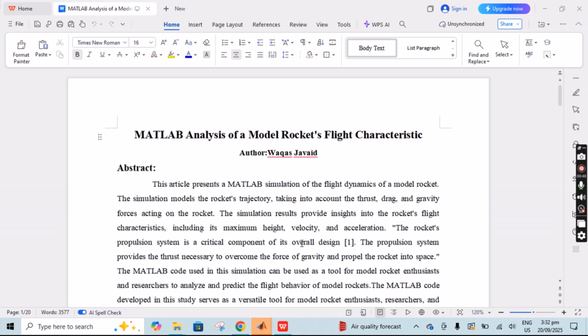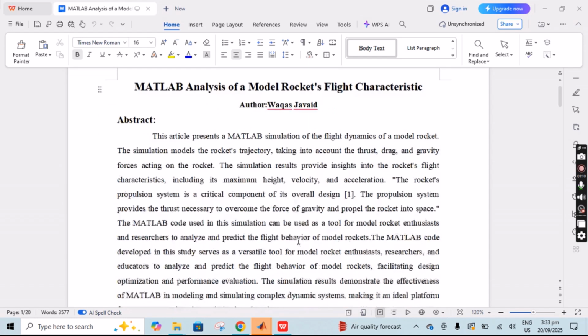propulsion system is a critical component of its overall design. The propulsion system provides the thrust necessary to overcome the force of gravity and propel the rocket into space.